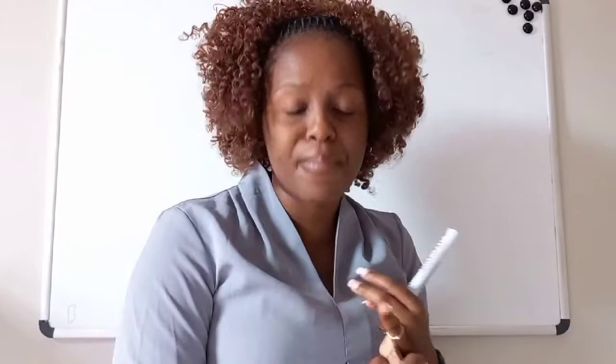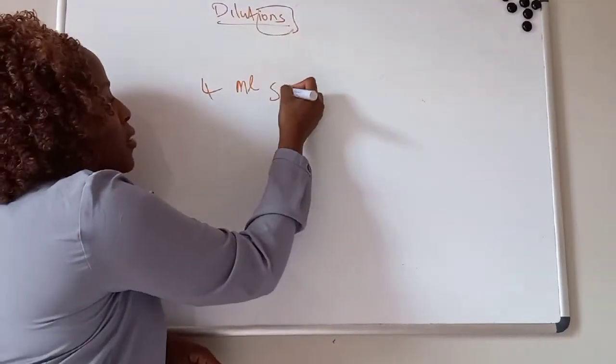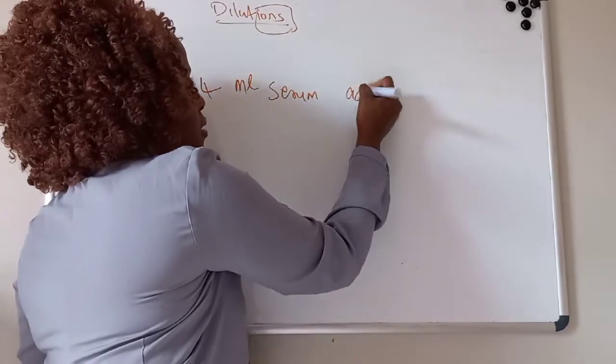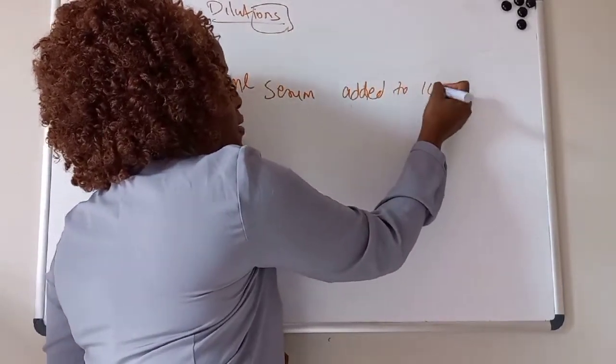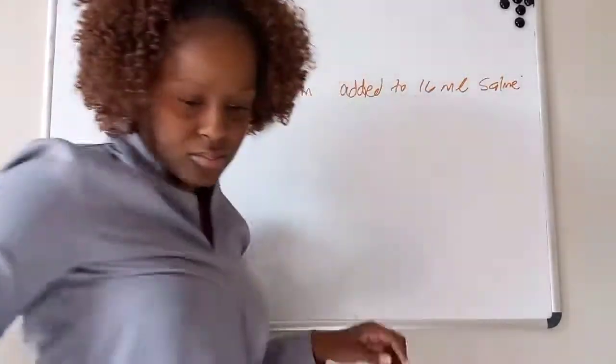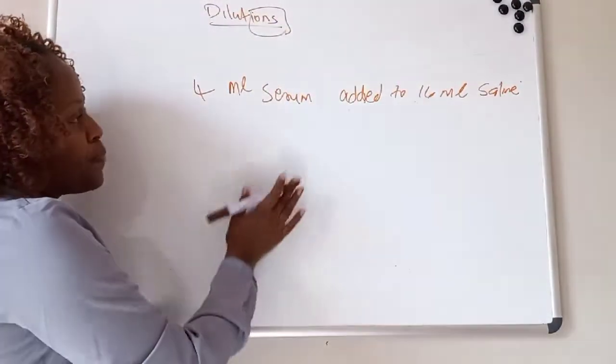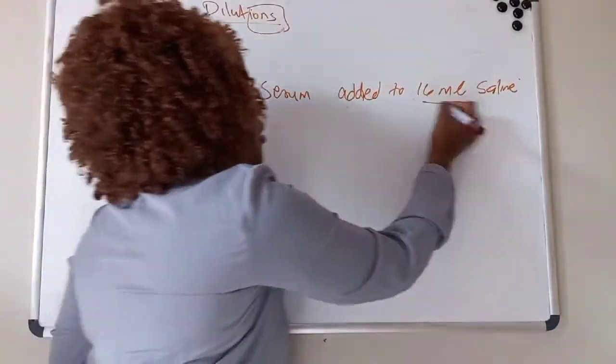Let's do an example. Let's say you get a question that says, what is the dilution factor if 4 ml of serum is added to 16 ml of saline? So let's write this in simplest form.